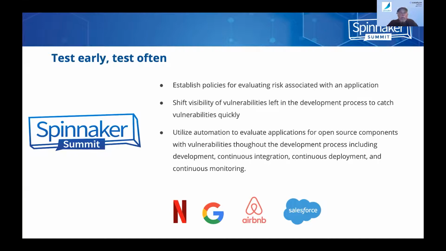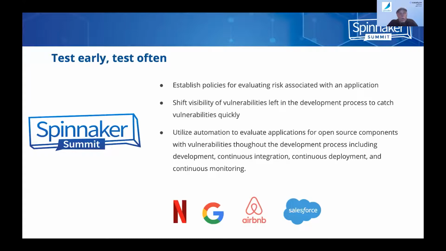As part of this, shift the visibility of vulnerabilities left in the development process to catch them quickly so that you ensure you don't have any vulnerabilities included as part of your application, as I was mentioning before. Utilize automation to evaluate the application for open source components throughout the development process, including development, continuous integration, continuous deployment, and continuous monitoring.